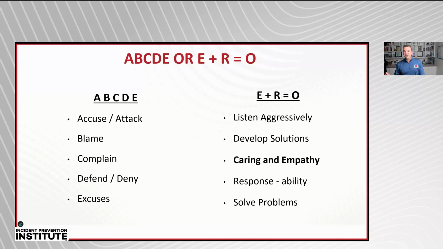And here's kind of a comparison. I actually like to do this, and I encourage everybody to do this. Get a sheet of paper, don't fill in the bottom part of it, and just write A, B, C, D, E on the left side of it. And then E plus R equals O on the right hand side of it. And just keep it in your pocket for a whole day or even 2 or 3 hours.